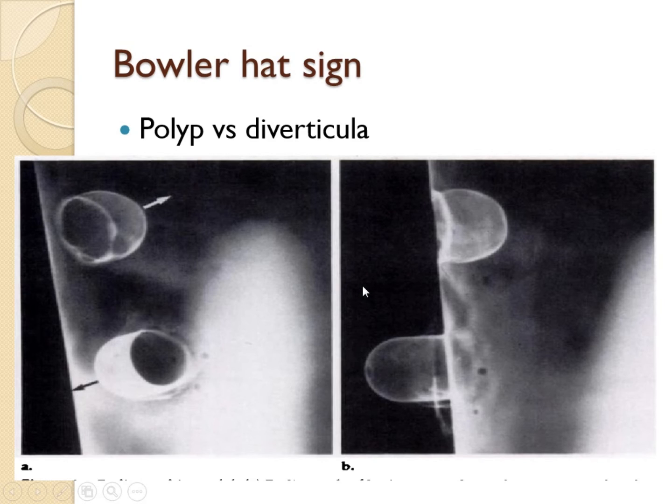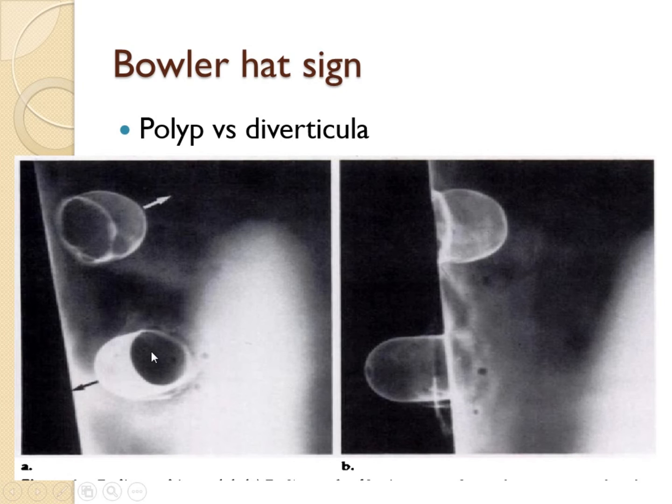And we have the Bowler hat sign. You should differentiate between polyp and diverticula. In the polyp, the hat should be directed toward the long axis of the colon. However, in the diverticula, it will be away from the long axis of the colon. If the white part is toward the lumen of the colon, this is a polyp.